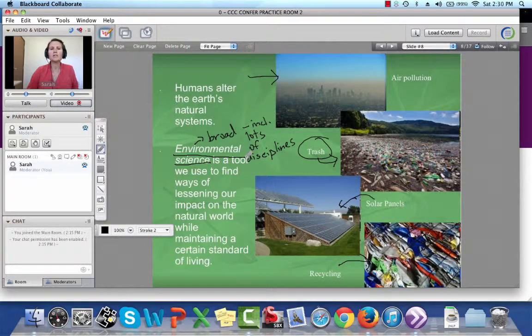You have all kinds of disciplines that all come together in making a difference in solving environmental problems. So environmental science isn't just one thing. And that's the neat thing about this class, that we get to hit on lots of different disciplines, and it's not all chemistry where you're just going to mostly look at molecules. I think that's why a lot of students are drawn to this class.